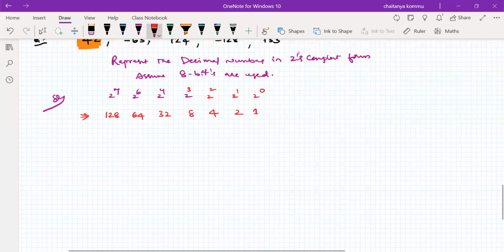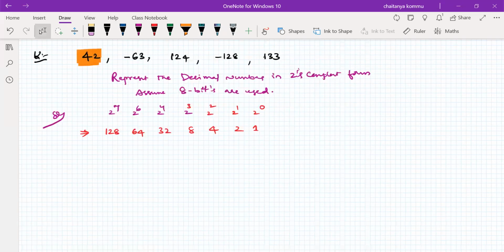How do we represent 42? 42 means 32, 8, 2. Remaining all are zeros. So this is the 2's complement of 42. Agreed? Because it's not a negative number.